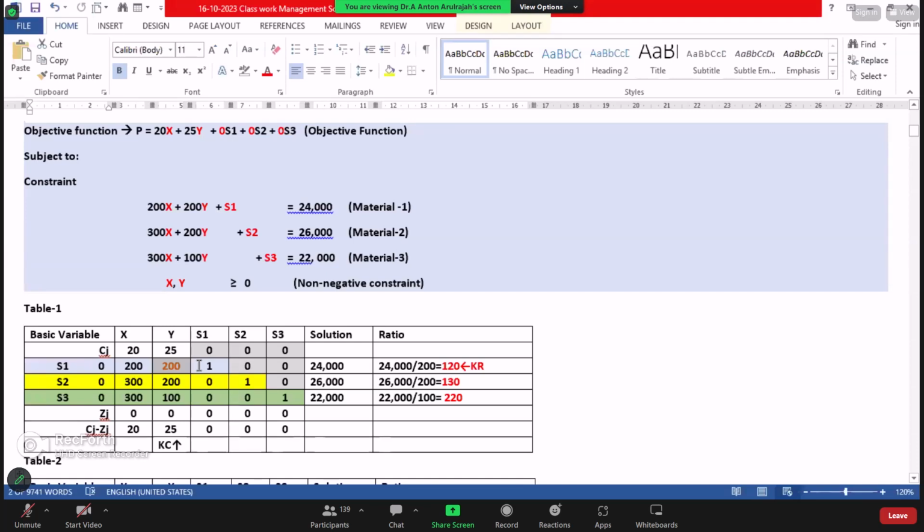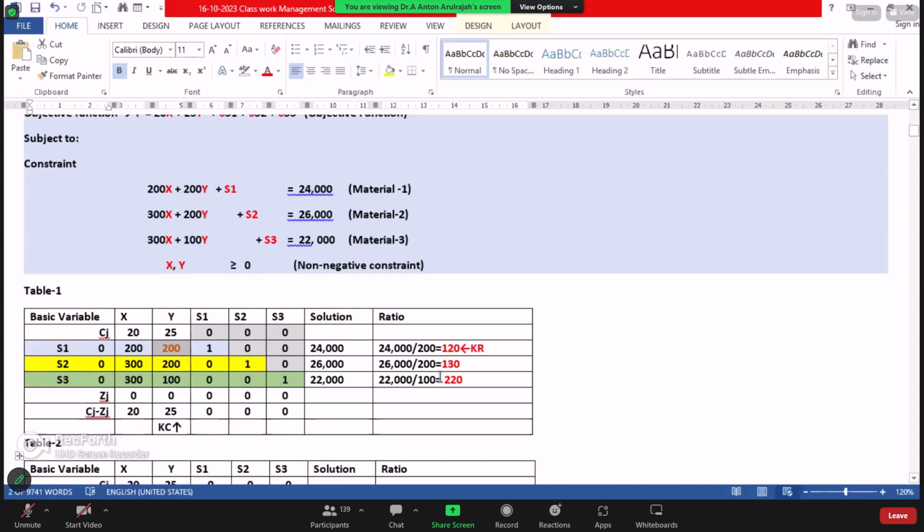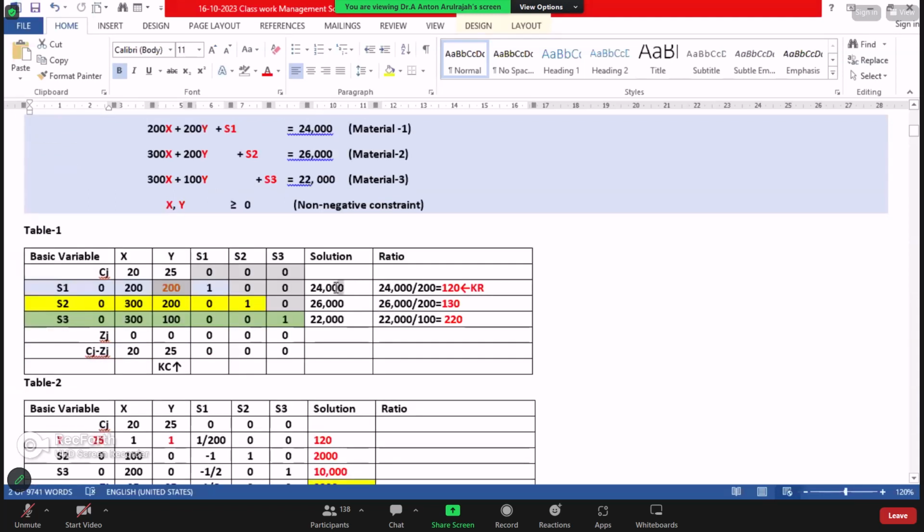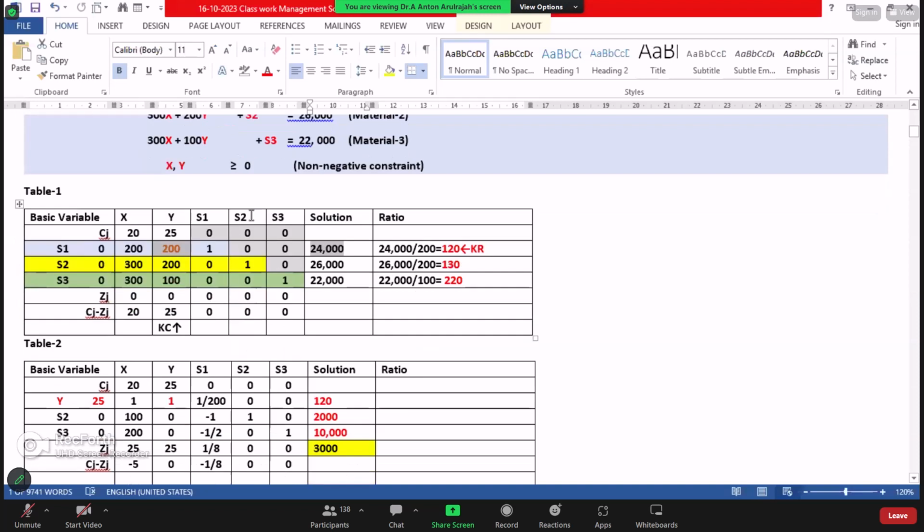So that resource we are going to utilize fully. In the first table, you see that material one is not fully utilized, all unused. 24,000 is unused. So also 26,000 is unused. So this one represents S1. So this 24,000 is available, not utilized. The S2 represents material 2.